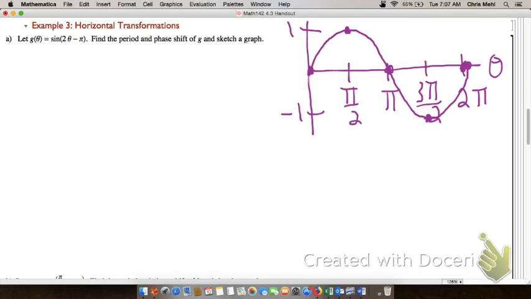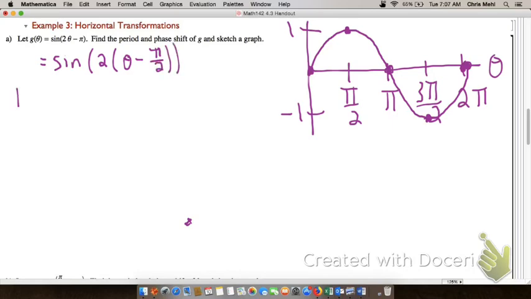Now before we can find the period, let's go ahead and simplify this function g of theta. We need to write it in the form that was presented on the previous page. You need to factor out the 2, that's going to be your a, and what you're left with is theta minus pi over 2.